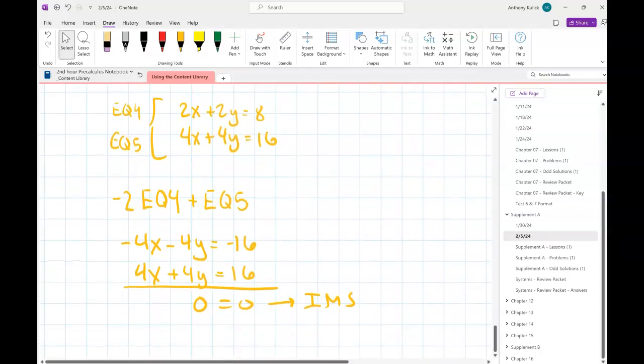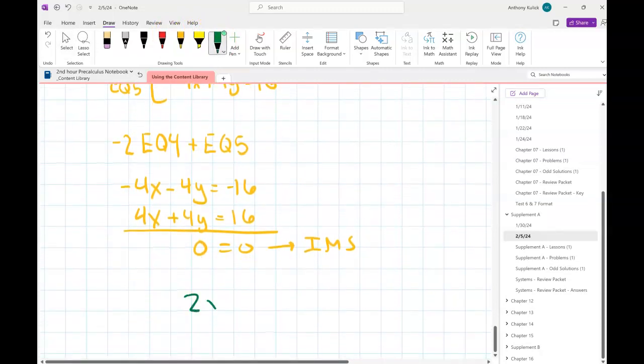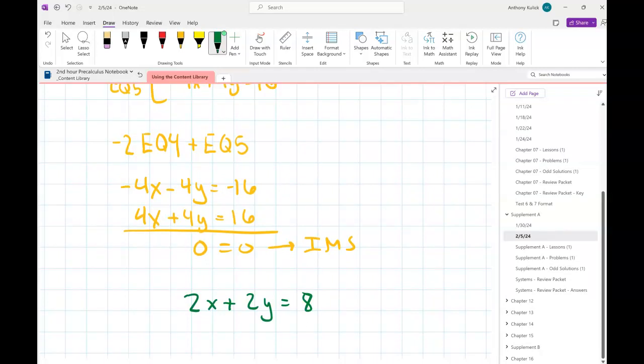So what you're going to do is take either of your 2 variable equations. Doesn't matter which one. So let's just say we take 2x plus 2y is equal to 8. And I'm going to get one of the 2 variables by itself, like I'm going to do a substitution.